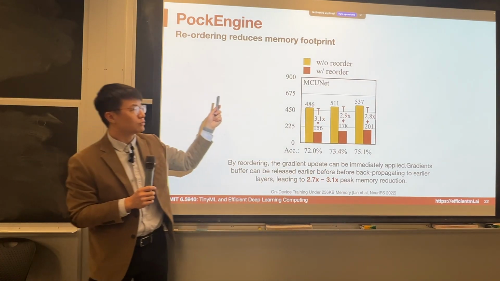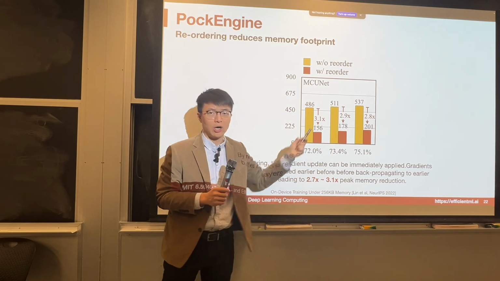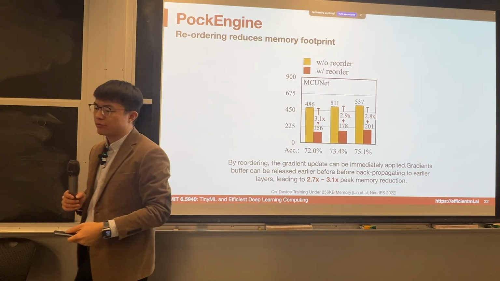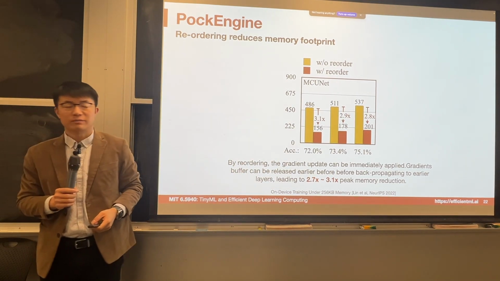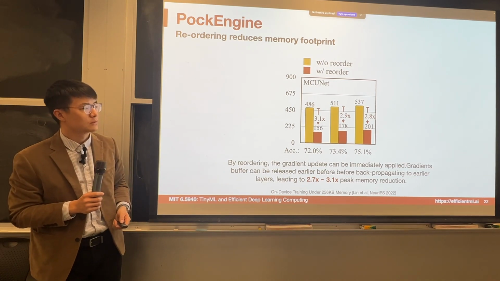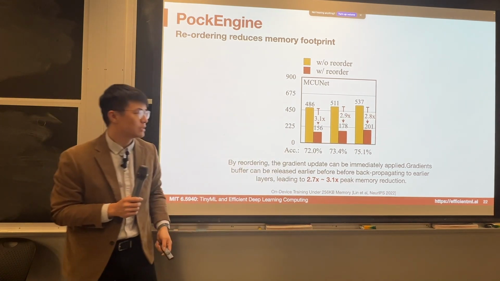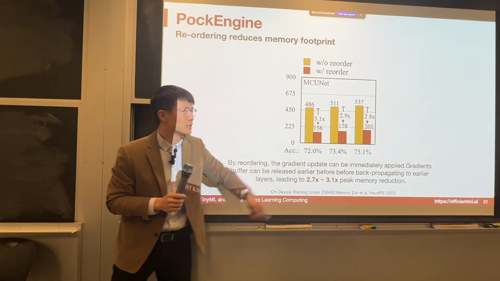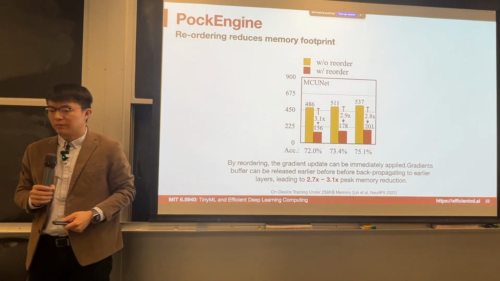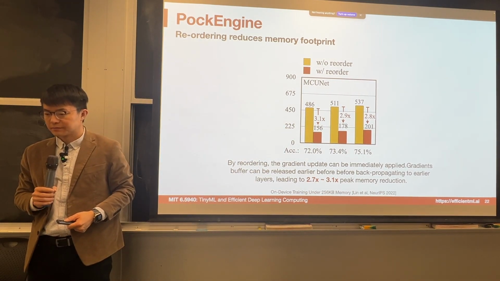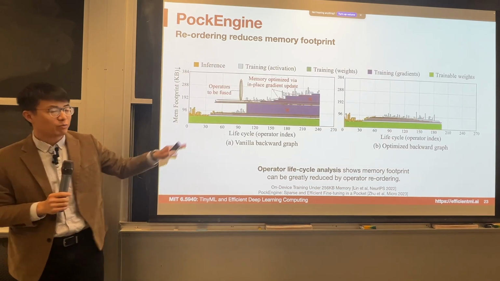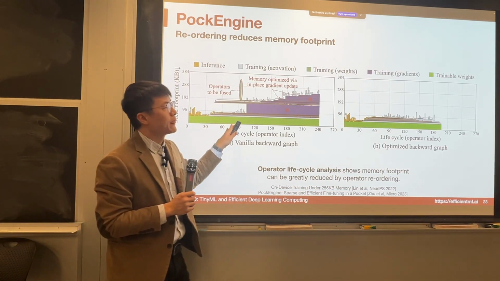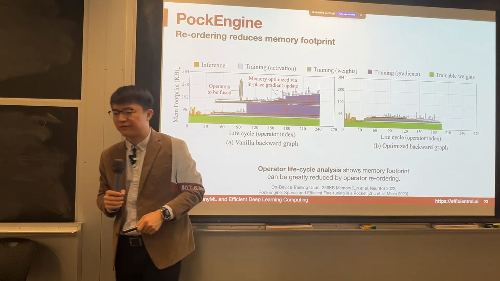With such reordering compared with without reordering, it's roughly saving about 3x the memory on the microcontroller. This is for different model sizes, achieving a consistent reduction in memory. This plot shows the life cycle of the memory buffer.